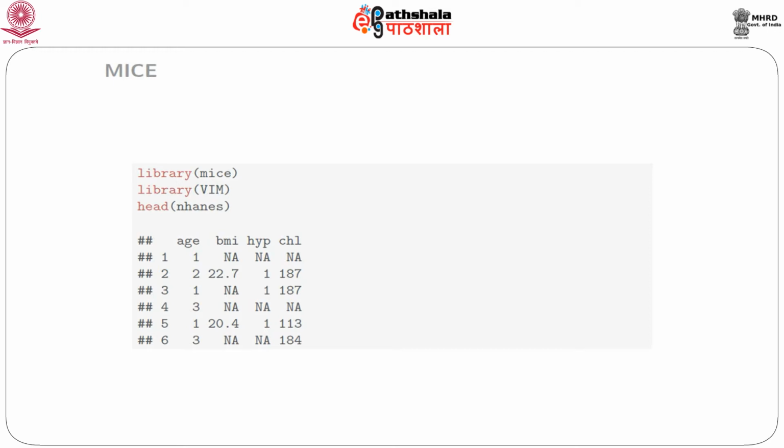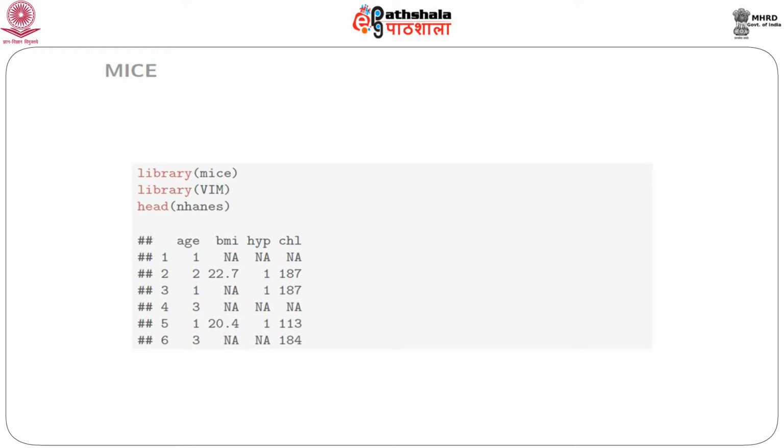The data contains 4 variables: age, that is the age group, BMI, which is body mass index, HYP, which is the hypertension status, and CHL, which is the cholesterol level. The data is stored as a data frame, and the missing values are represented as NA.